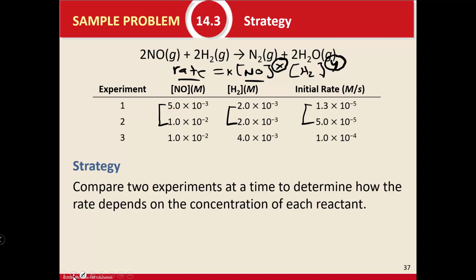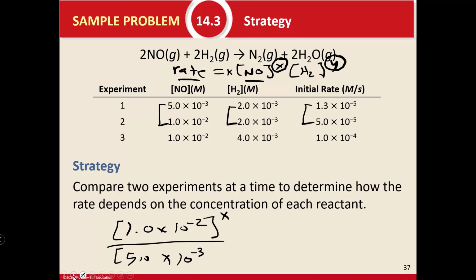So if I take 1.0 times 10 to the negative 2 raised to the x power, and I divide that by 5.0 times 10 to the negative 3 power, and then I set that equal to 5.0 times 10 to the negative fifth divided by 1.3 times 10 to the negative fifth.